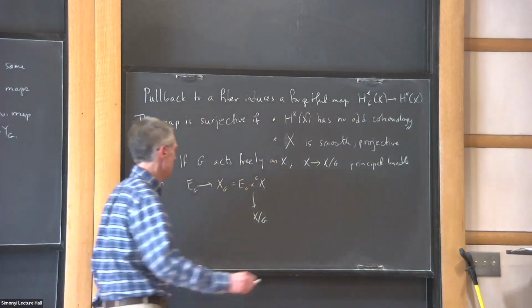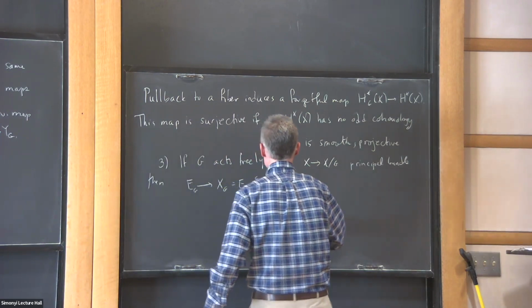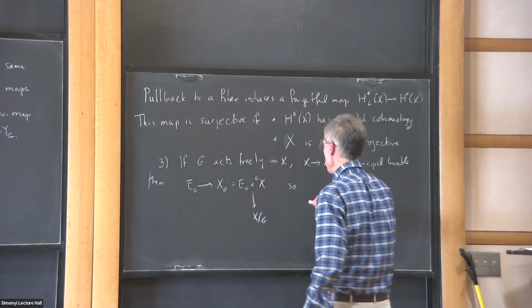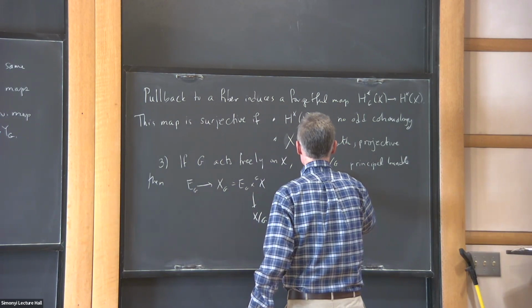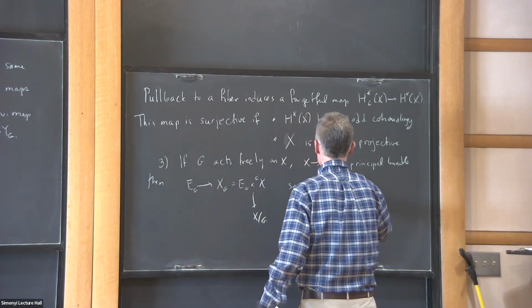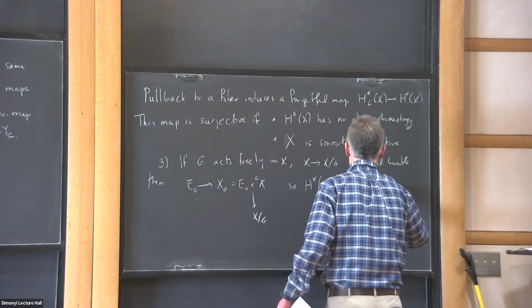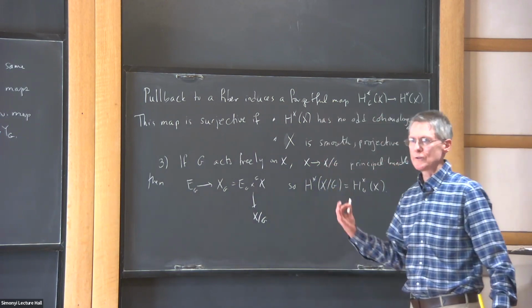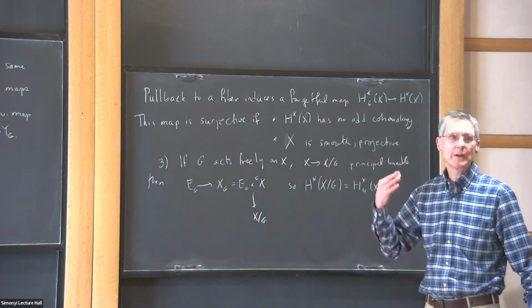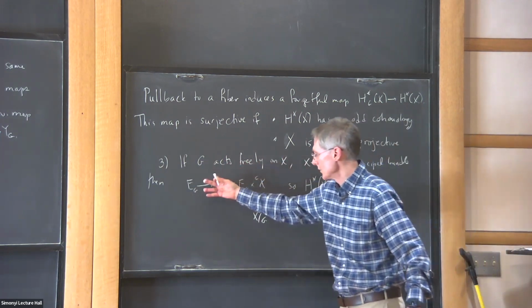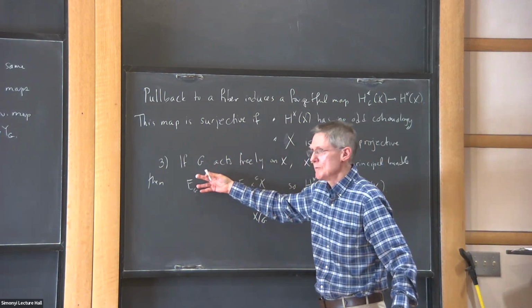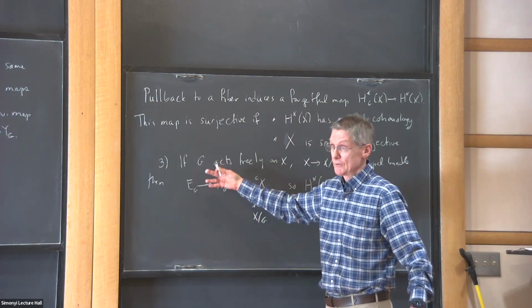And therefore this pullback induces an isomorphism on cohomology, and therefore H star of X mod G equals H star_G of X. And with rational coefficients, this would even be true if G acted with finite stabilizers, because the fibers then would look like EG modulo some finite subgroup of a connected group which is acting.